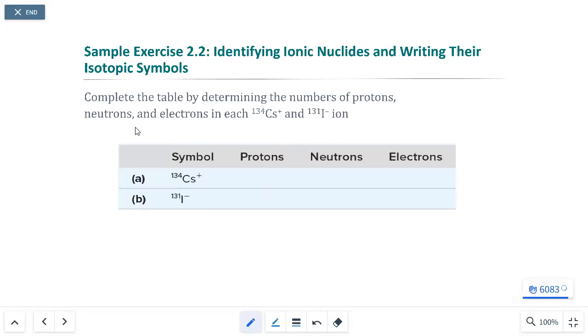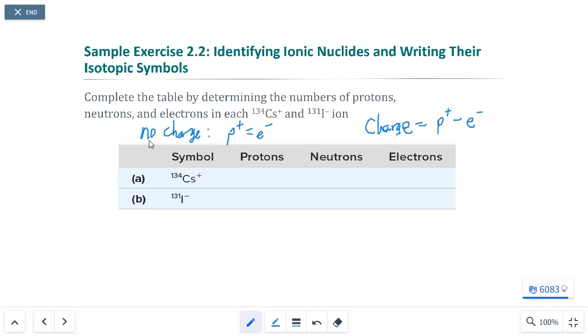Now, if there is no charge, then that means that the protons and the electron numbers are equal to each other. Otherwise, we can figure out the charge of any ion by taking the number of protons and subtracting from it the number of electrons.